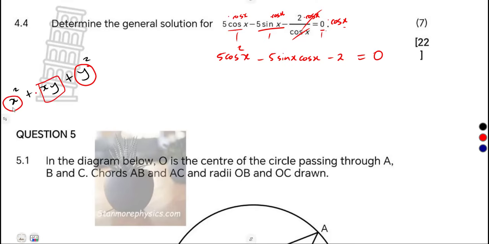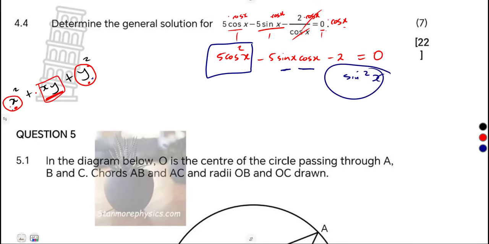Yes, we can have any other number in it, but I'm focusing on having xy here, so we must have a square of x and a square of y. So in order for us to have sine x and cos x, we must have a square of a cos and a square of a sine, just like x and y. So we must introduce a square of a sine.